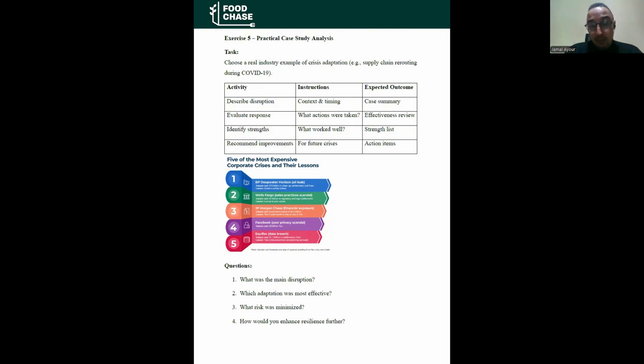As a complement, there is information on 5 of the most expensive corporate crises and their lessons. But in the course in general, we have the principal information necessary to answer all the questions of your exercise. The questions: what was the main disruption? Which adaptation was most effective? What risk was minimized? And how would you enhance resilience further?